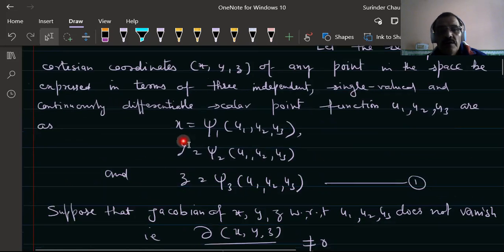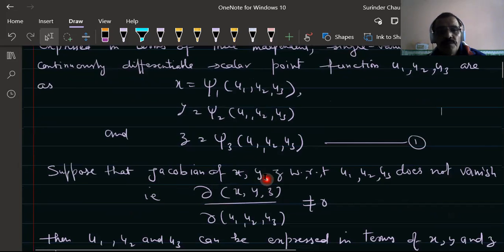The functions are: x is a function psi1 of u1, u2, u3; y is a function psi2 of u1, u2, u3; and z is a function psi3 of u1, u2, u3.